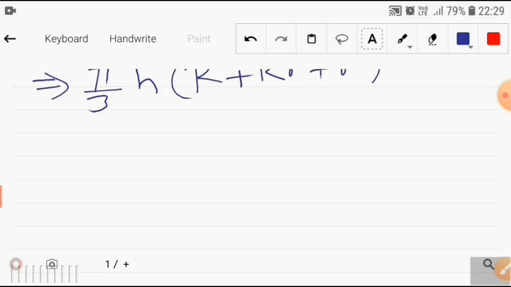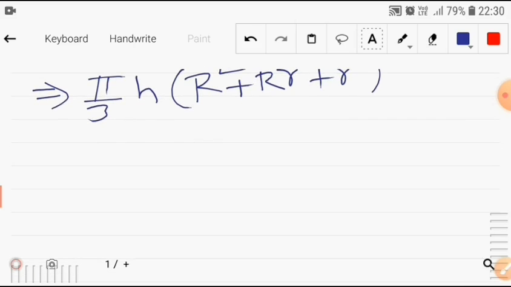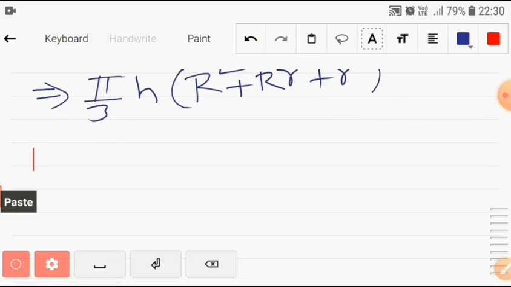Okay, now we will derive the formula for the curved surface area.